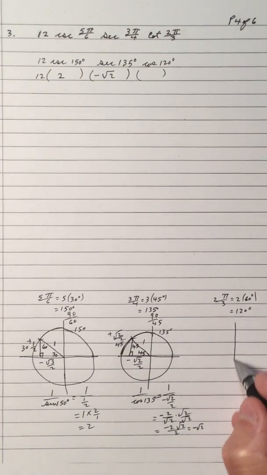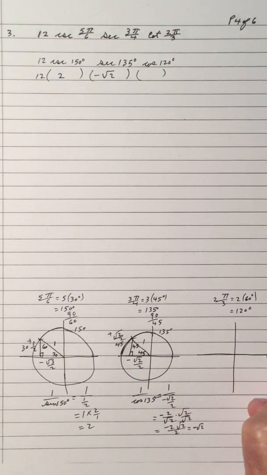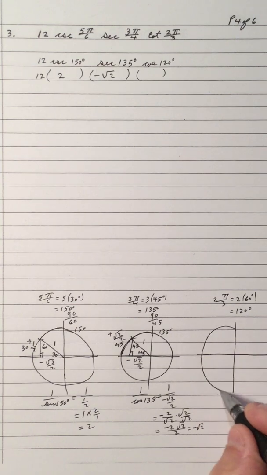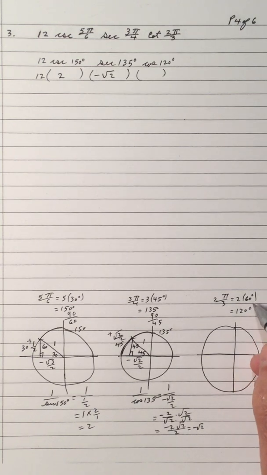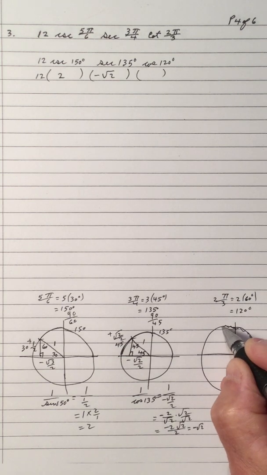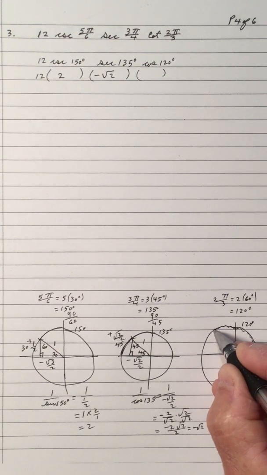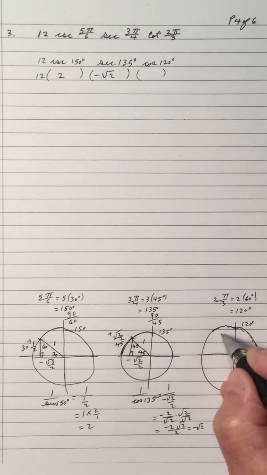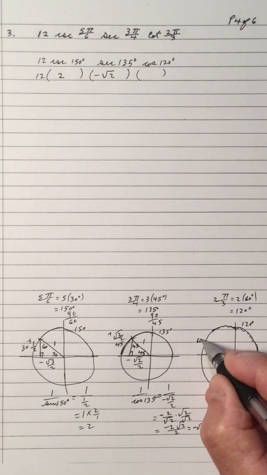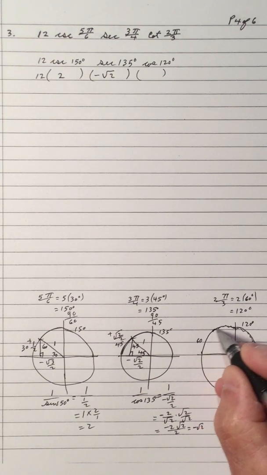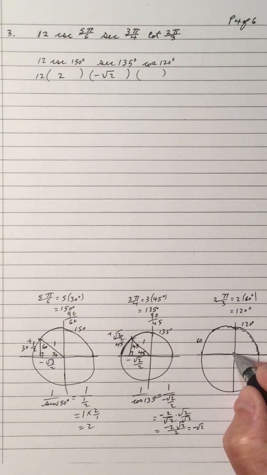And we have to do 120. So let's rotate 120 degrees. 120 is 90 right there, and that means there's 180 here. So this is a 60 from here to here, because 60 and 120 is 180.